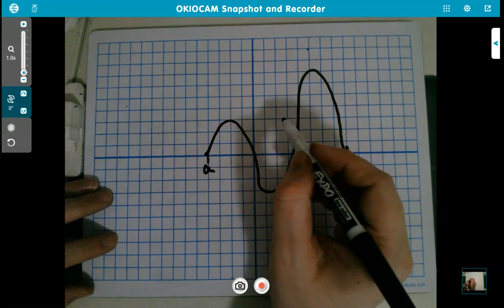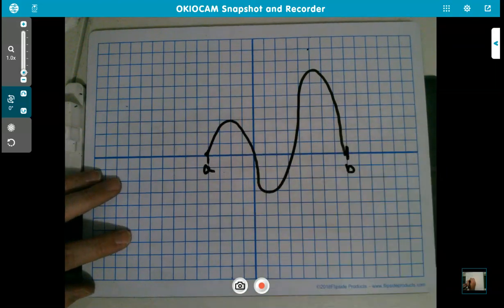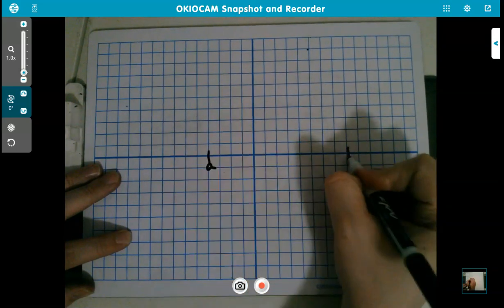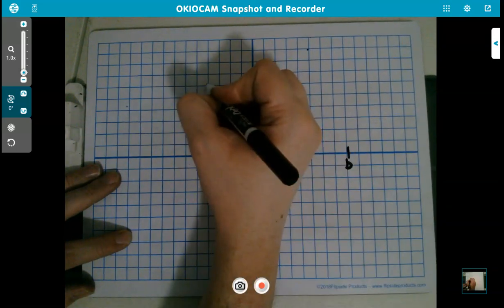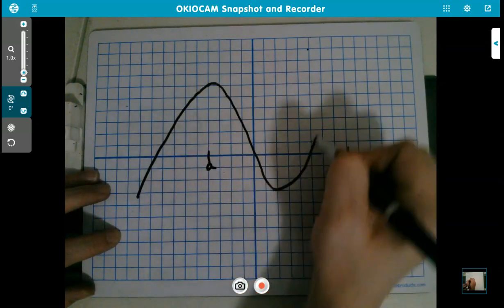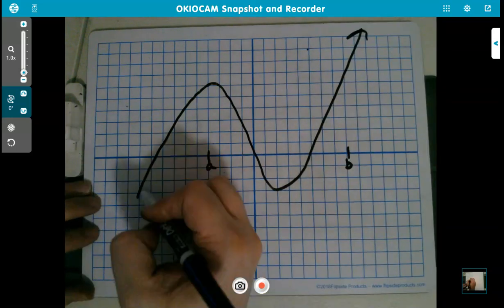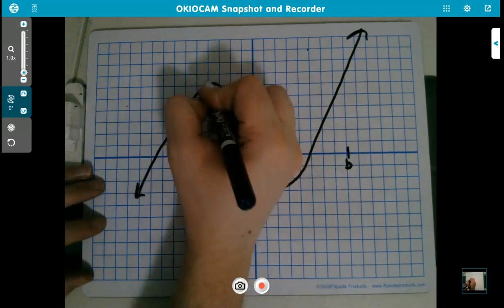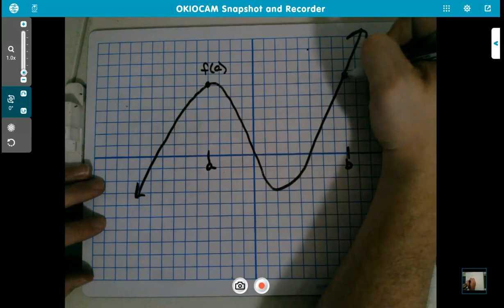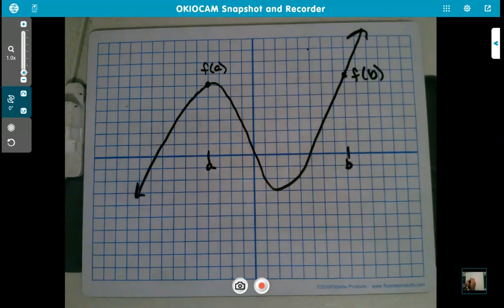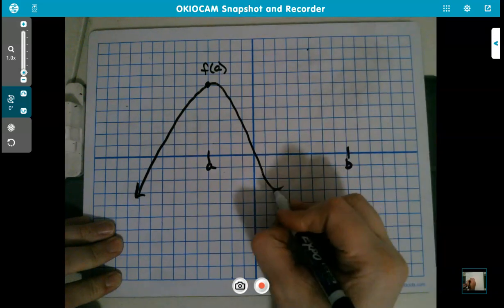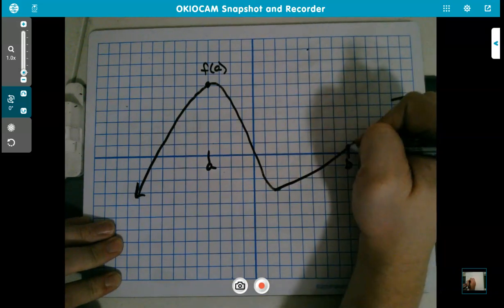I don't like the way I drew this, so I'm going to do it a different way. Let's say f of A is up here, and f of B is over here.